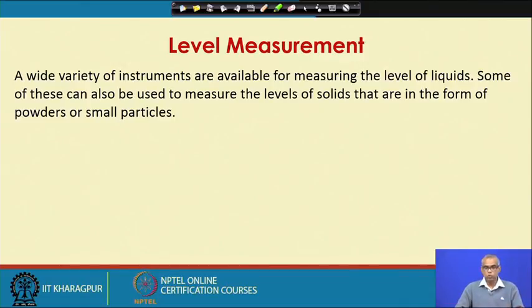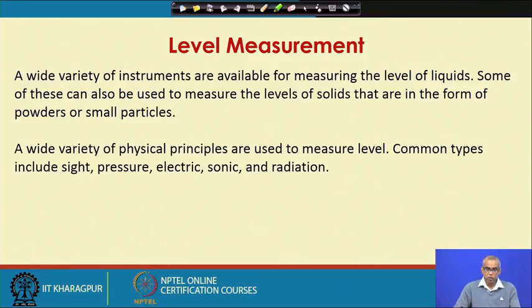A wide variety of instruments are available for measuring the level of liquids. Some of these can also be used to measure the levels of solids that are in the form of powders or small particles, meaning granular solids. A wide variety of physical principles are used to measure levels, so various instruments will be based on different principles. Common types include sight, pressure, electric, sonic and radiation.